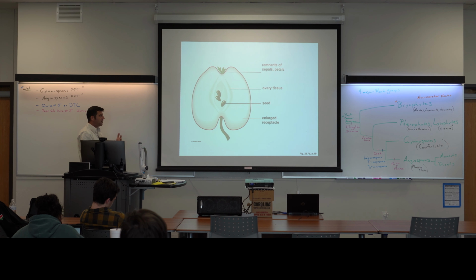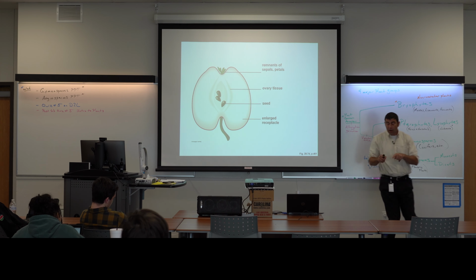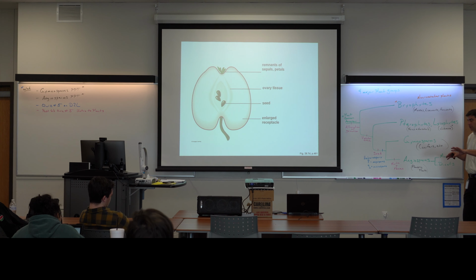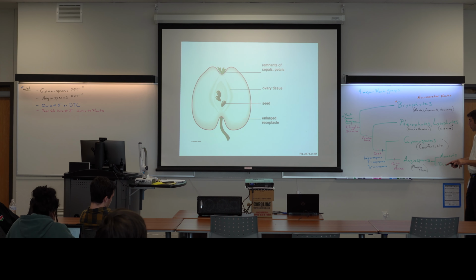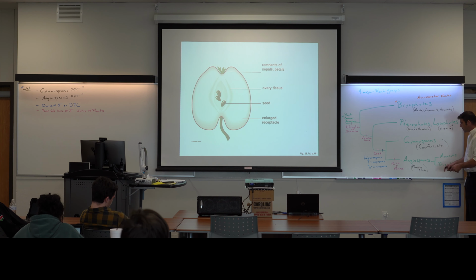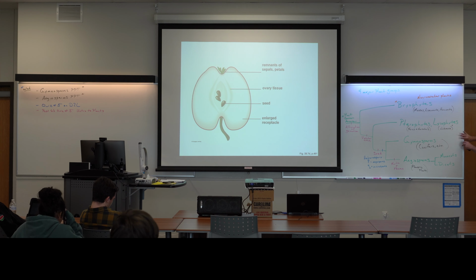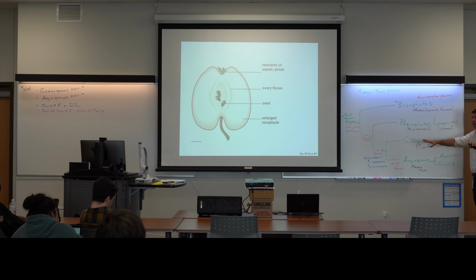This is fascinating symbiotic work that happens when angiosperms figure out how to trick other animals, whether it's mammals or birds or insects, to do their work for them. This is another thing that's noteworthy in terms of speciation. We see gymnosperms speciated because they moved into parts of the land that were previously unoccupied by plants.